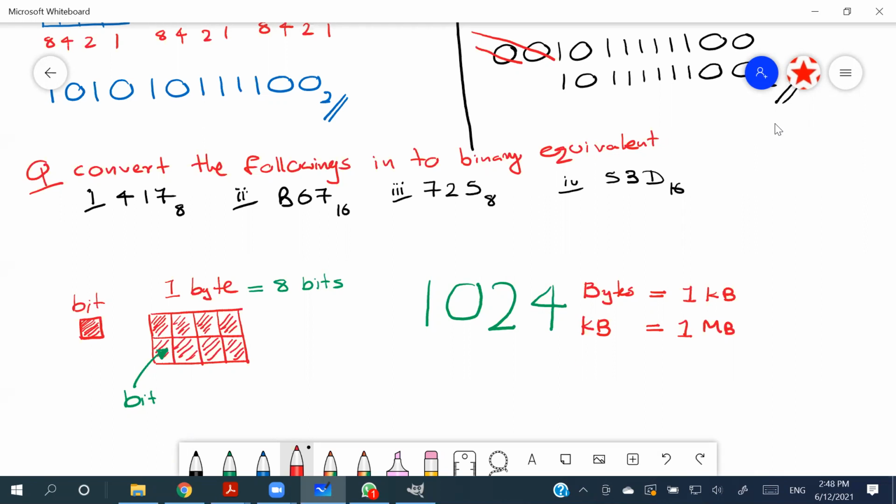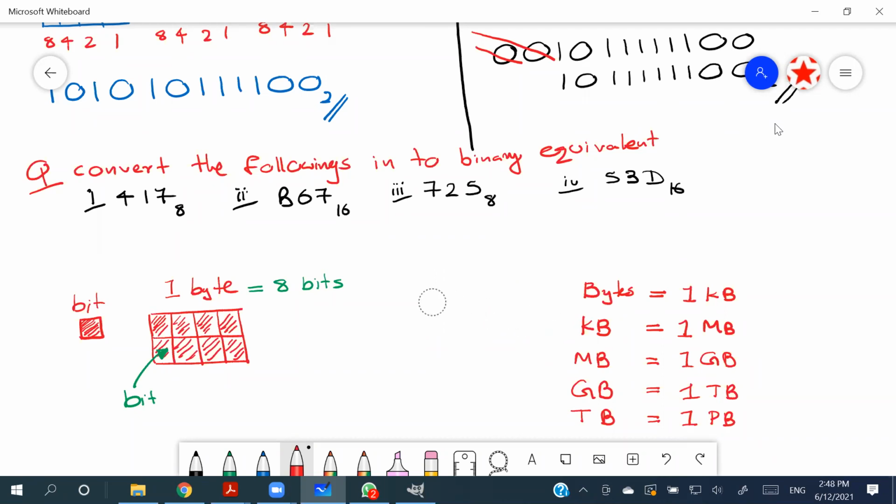So 1024 megabytes equals 1 gigabyte. 1024 gigabytes is equal to 1 terabyte. And 1024 terabytes equals 1 petabyte. So all this time, from byte onwards, it was the number 1024.